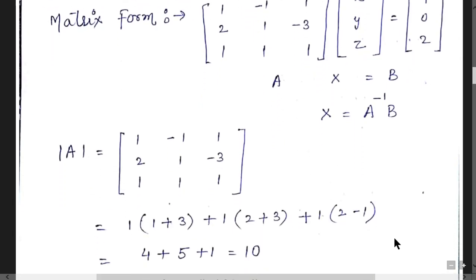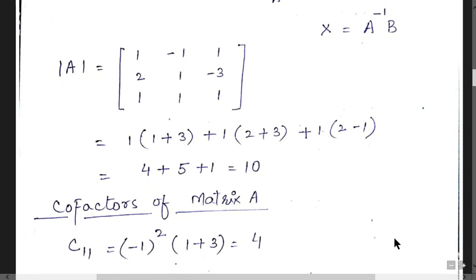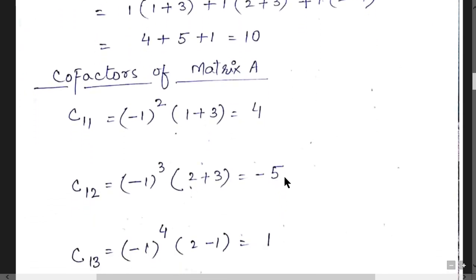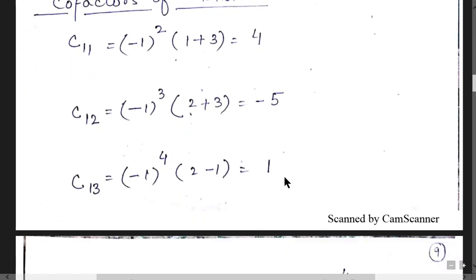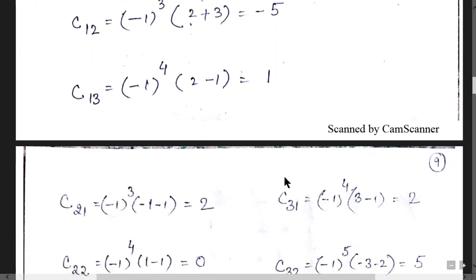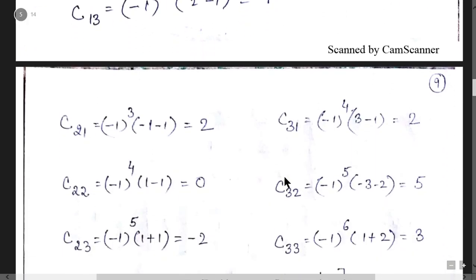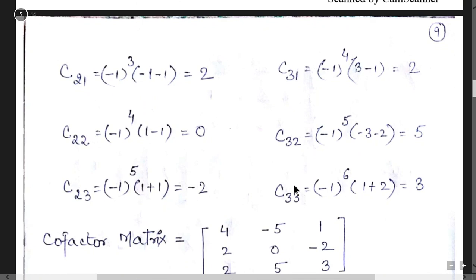First of all, calculate modulus of A. This value is 10. It means the set of equations is consistent. It means we can find out the value of A inverse. Then find the cofactors C11, C12, C13, 21, 22, 23, 31, 32 and 33.